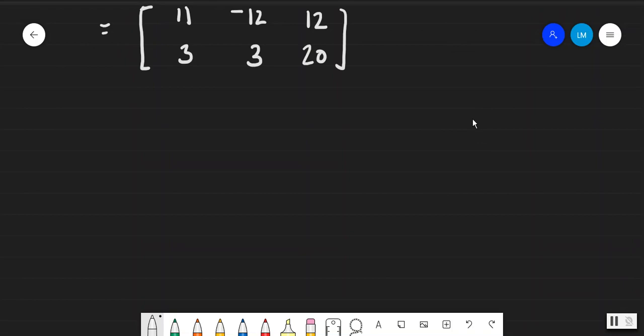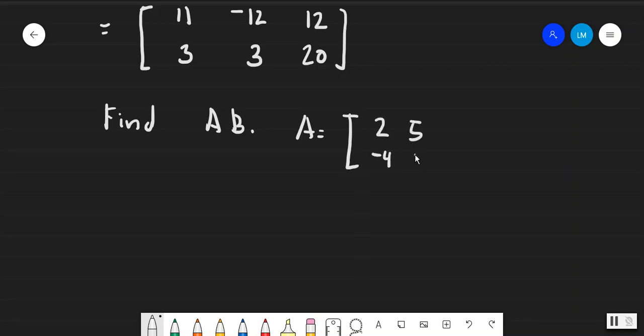Now, let's go ahead and try to find the product of A times B. So let's say that A is the following matrix, 2, 5, -4, 3. And then let's say that B is equal to 4, -3, 1, and 2.